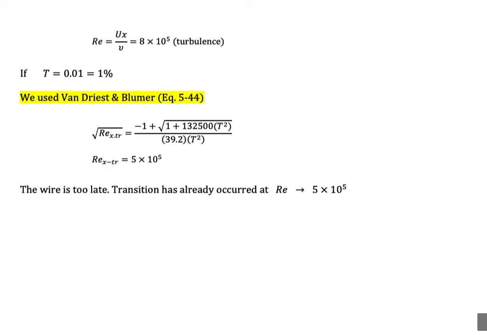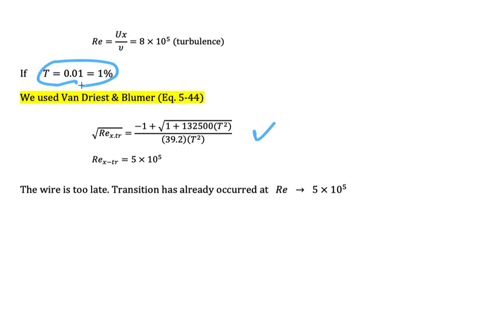We calculate the Reynolds number, Re equals Ux over nu, and substituting the values, it is 8 times 10 to the power of 5. Then we calculate using the idea from Van Driest and Blumer. We have this equation, we substitute the value of T equal to 1%, 0.01, and we get the transition Reynolds number as 5 times 10 to the power of 5.